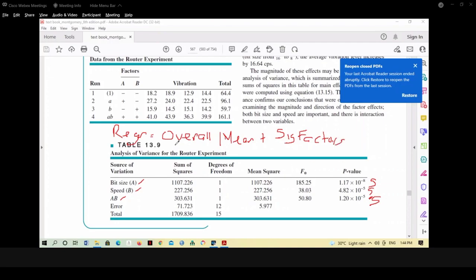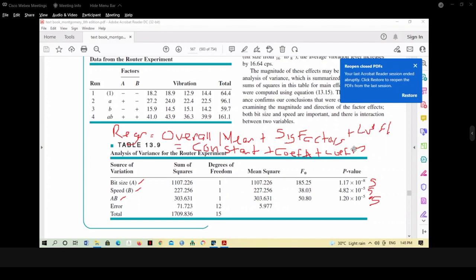That means the constant, the overall mean, plus the coefficient of A, because it is significant, plus the coefficient of B, plus the coefficient of AB.